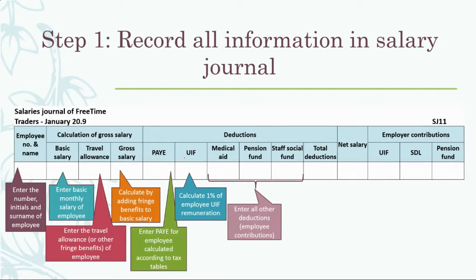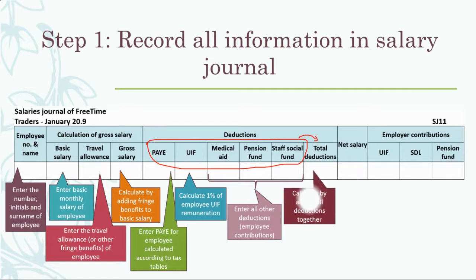Then if I add the pay as you earn, the UIF, the medical aid and the social fund together, I get to my total deductions. Then my net salary is my gross salary less my total deductions, which gives me my net salary.